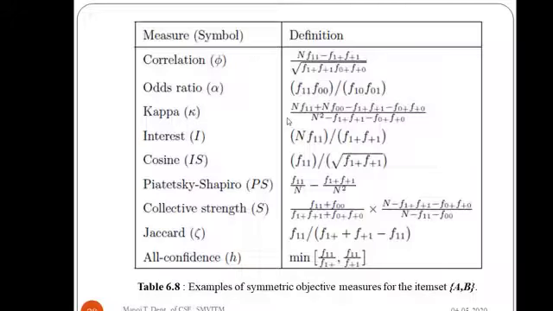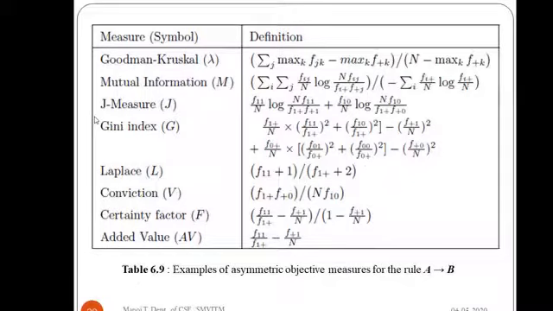Four measures we have already covered, that is support and confidence, interest factor, correlation analysis and IS measure. These are the symmetric objective measures: correlation, odds ratio, kappa, interest, and all we have seen already. And asymmetric are these: Goodman-Kruskal, J measure, Gini index and so on. You can use these respective measures in your problem and solve it.